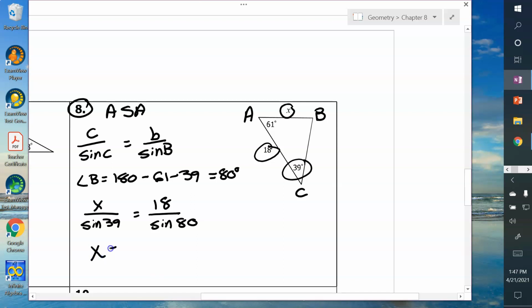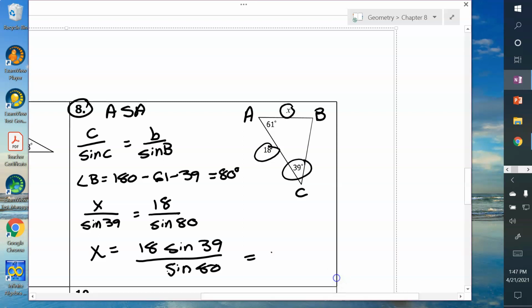So I'm going to get x equals 18 times the sine of 39, divided by the sine of 80. And I plug that into my calculator: 18 times sine of 39, divide by sine of 80. I get 11.5. So that is the length of x.